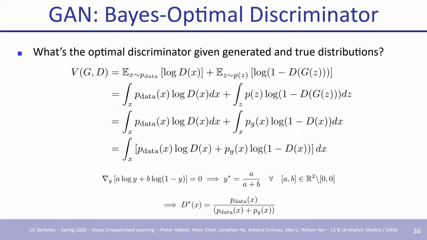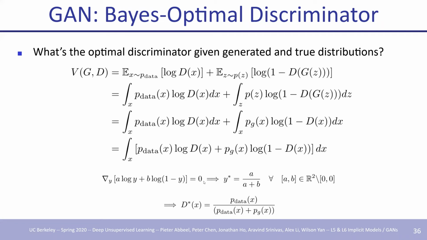The gradient is of course with respect to D of X. Since the integral is based on X and not D of X, and they might be connected, but anyway, here they assume it's not. So the equation just becomes the same as this one: gradient with respect to Y, where Y is the D of X. So A log of Y plus B log of 1 minus Y equals 0, right? So this is what's going on here.